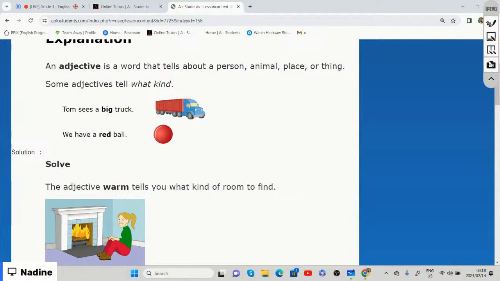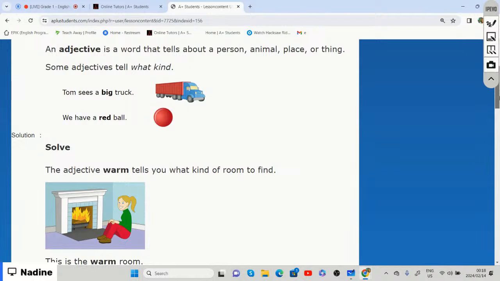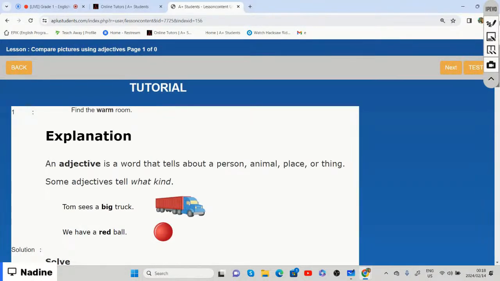And if we look at a little activity, it says find the warm room.